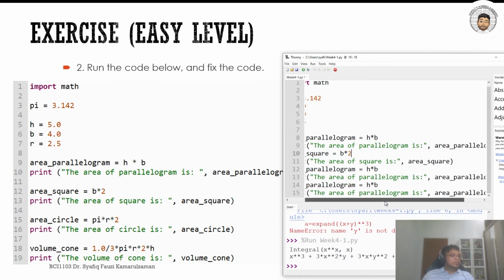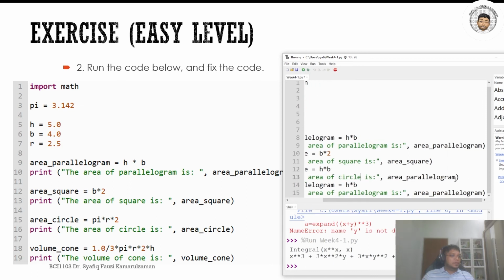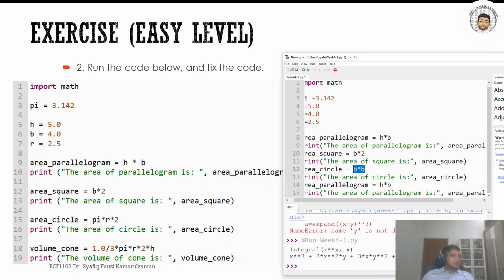And then we have area of circle. Copy paste again. So here is pi r power of 2.